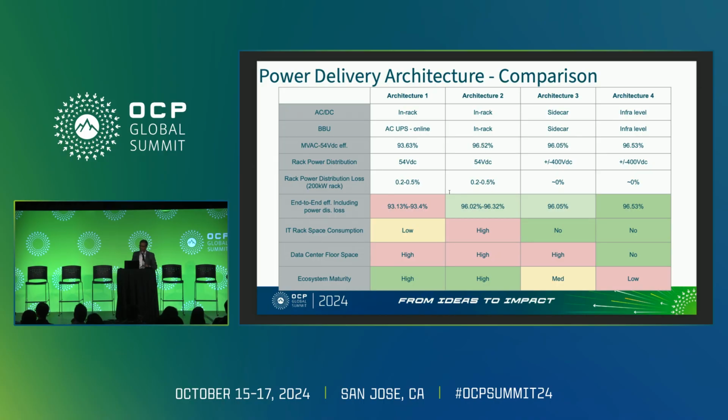A few other things to look at are the IT rack space consumption and the data center floor. Comparing all of them, you can clearly see that architecture 4 gives you the maximum space allocation, whether it's for chips within the racks or racks within the data center hall. Now, obviously, that doesn't directly correlate with the ecosystem maturity that Xiong talked about.